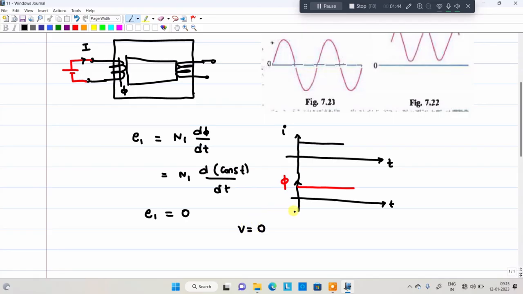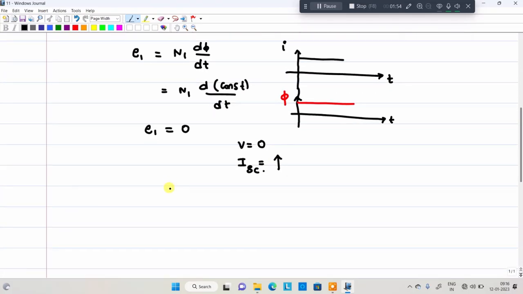So with the induced EMF equal to 0, this particular winding current will be maximum, that means short circuit current will be flowing. Whenever short circuit current flows, the power loss, the heat loss, is I square R. Since this is a very high short circuit current, about 7 times the full load current, the heat generated is about 49 times higher, the square of the current.